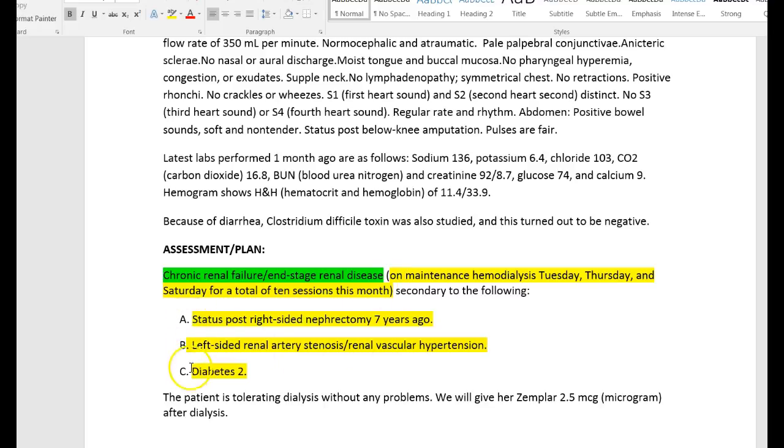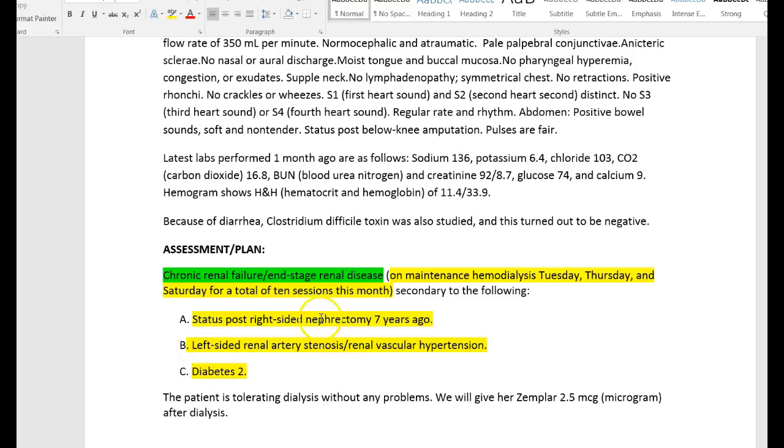And her additional diagnosis is status post right side nephrectomy, 7 years ago. She had a portion of her kidney removed, and that's a permanent diagnosis, history of or personal history of something. And then her additional diagnosis is left-sided renal artery stenosis.